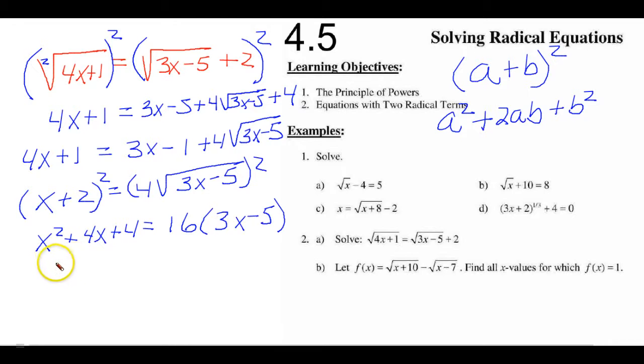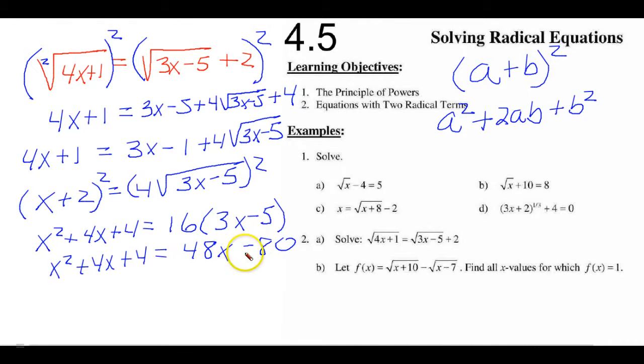So again, we clear parentheses. x squared plus 4x plus 4 equals 48. And then this is a negative 5 times 16, which will be a negative 80.